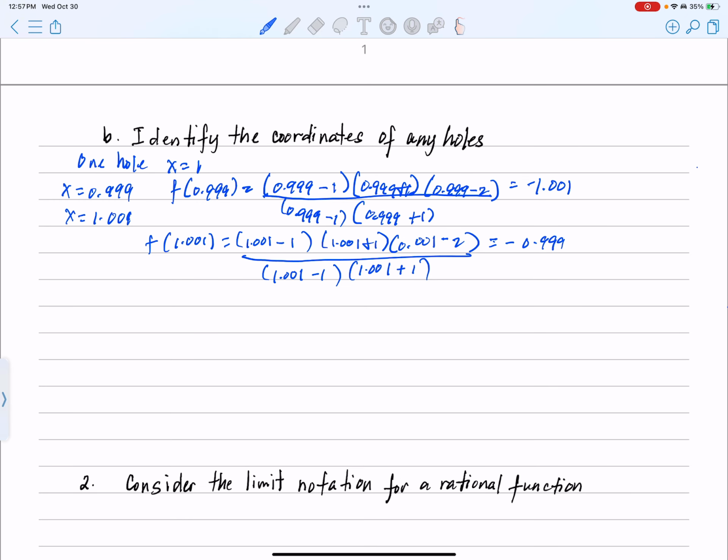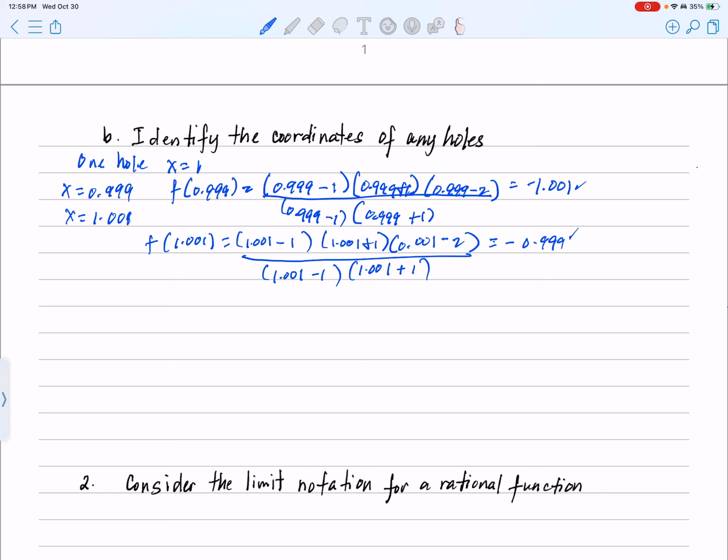Okay? So these values, 1.001 and negative 0.99, these output values are getting extremely close to negative 1 as we approach the hole from the side.